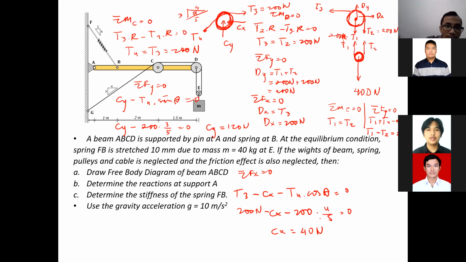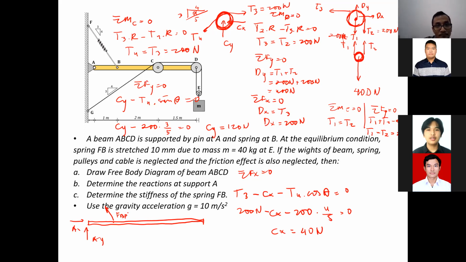Now you can draw the free body diagram of the beam. What you draw right now is only the reaction forces. So this one, Ay, Ax, and the force from the spring.